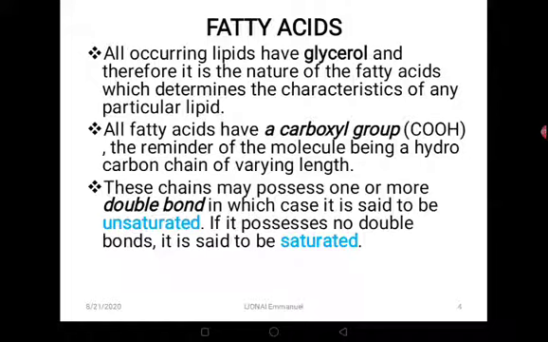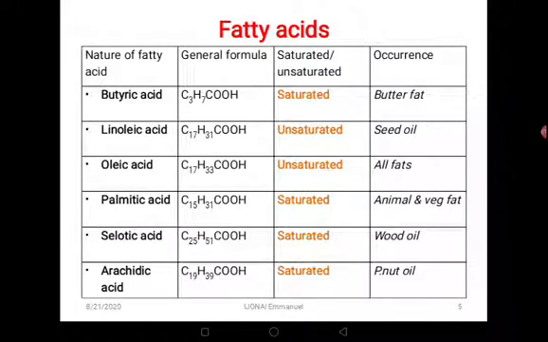So we have saturated fatty acids and unsaturated fatty acids. Saturated fatty acids do not have double bonds. Unsaturated fatty acids have double bonds. As you can see there, we have a number of them.